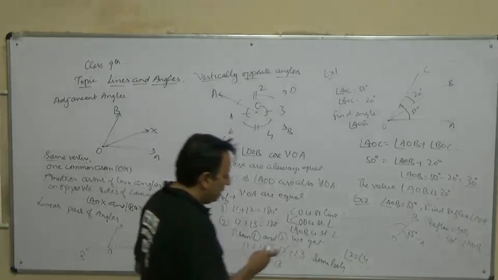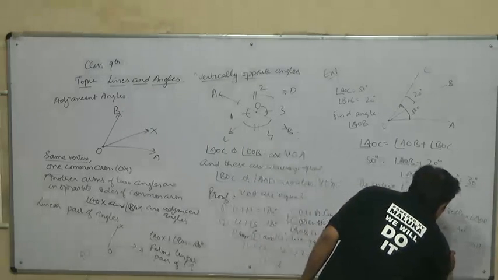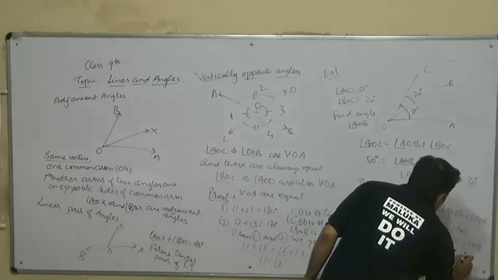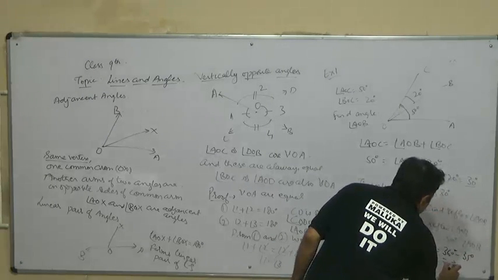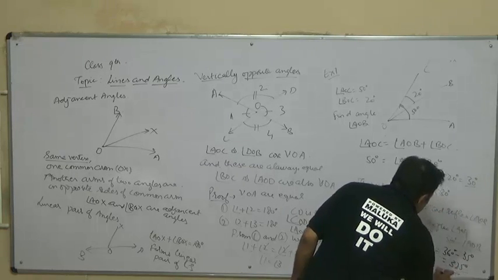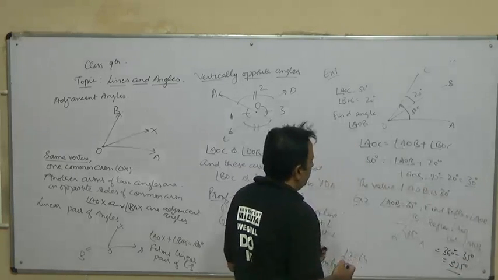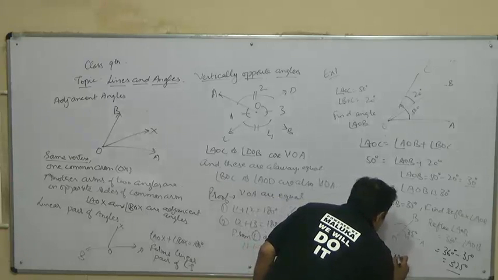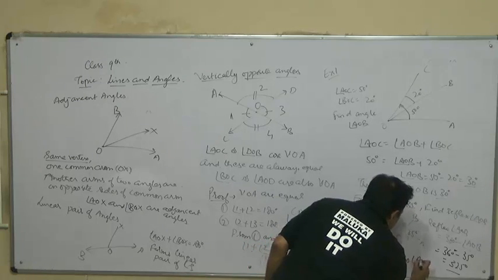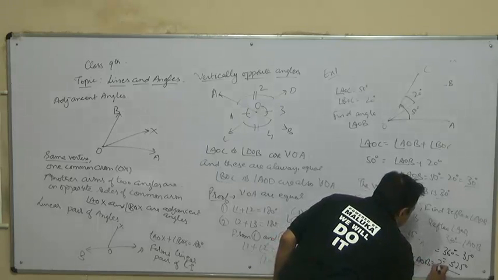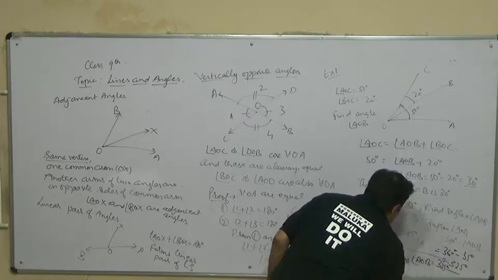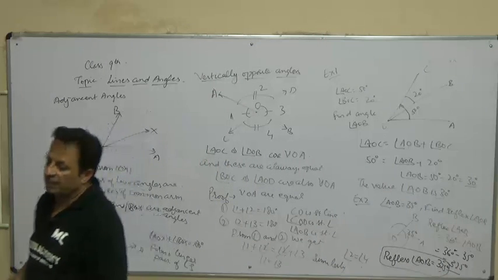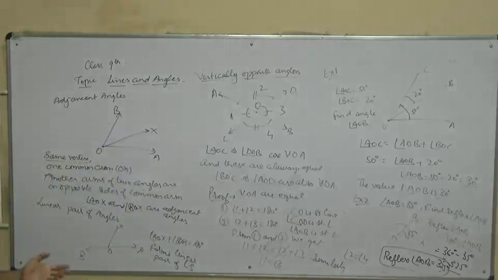So this will be 360 degrees minus 35 degrees, which is 325 degrees. So reflex angle AOB is equal to 325 degrees. This will be our answer. So we can find the reflex of an angle using this formula.